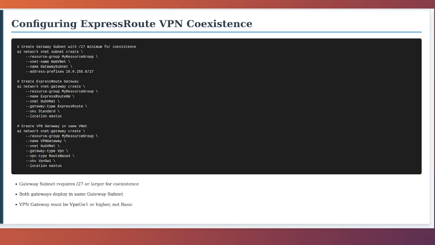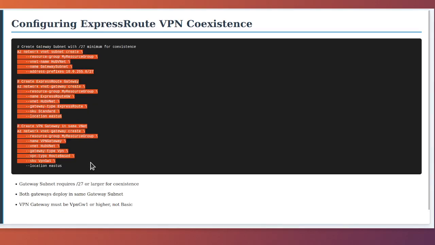The third command creates the VPN gateway in the same virtual network, using the same az network vnet-gateway create command, but with different parameters. The resource group and name parameters identify this gateway as the VPN gateway. The VNet parameter again references Hub VNet, the same virtual network used for the ExpressRoute gateway, enabling coexistence. The gateway type parameter is set to VPN to create a VPN gateway.